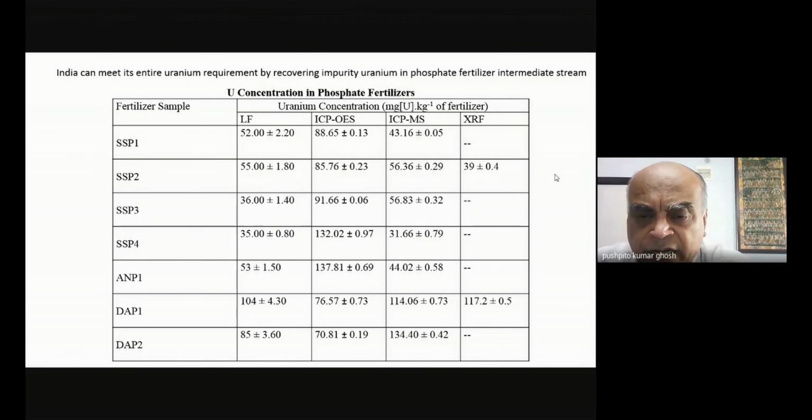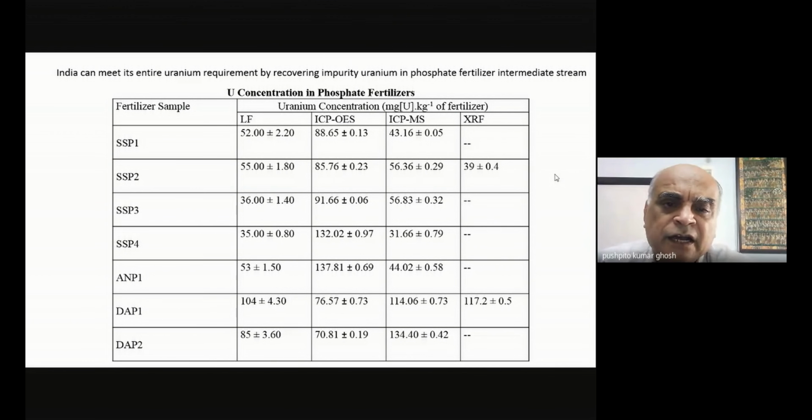Okay, and now when we were doing an analysis of uranium, there have been similar studies done in many other parts of the world, but for whatever reason in India there's been no study after 1984. And so we wanted to know where does this uranium which is there in rock phosphate end up? Where is it going? Okay. Could it be ending up in the fertilizer?